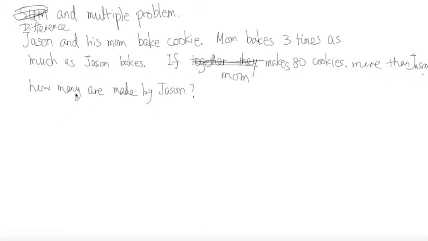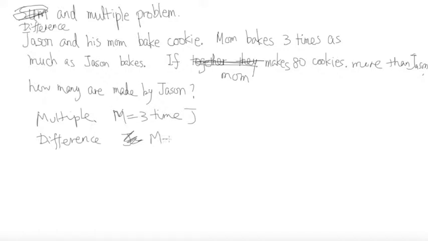We know the multiple is still like before, 3 times. Mom is 3 times Jason, still the same. But now what we know is the difference. Mom is having more than Jason.